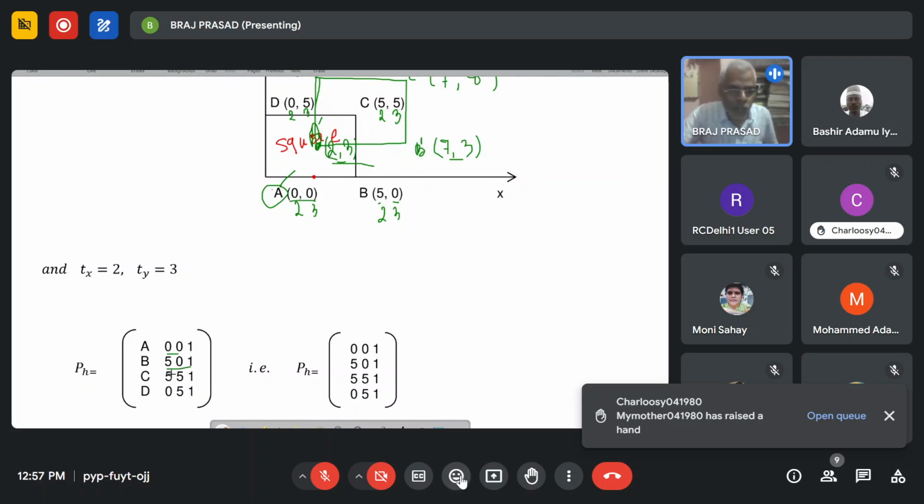B is 5 0, C is 5 5, and D is 0 5, and we make it homogeneous. To each point we add one extra dimension, that is 1, to represent the coordinate of the point. We introduce one new value 1, that is the value of h equal to 1. So this 0 0 becomes 0 0 1.